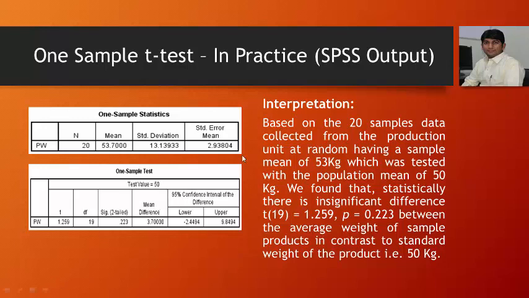Based on these two tables, I interpreted my results in this way: based on the 20 samples of data collected from the production unit at random, having a sample mean of 53 kg, which was tested against the population mean of 50 kg, we found that statistically there is an insignificant difference, t(19), where 19 is the degrees of freedom provided in the one sample t-test, equal to 1.259, which is the t value, comma p, meaning the significance value, which is 0.223, between the average weight of sample products in contrast to the standard weight of the product, that is 50 kilogram.